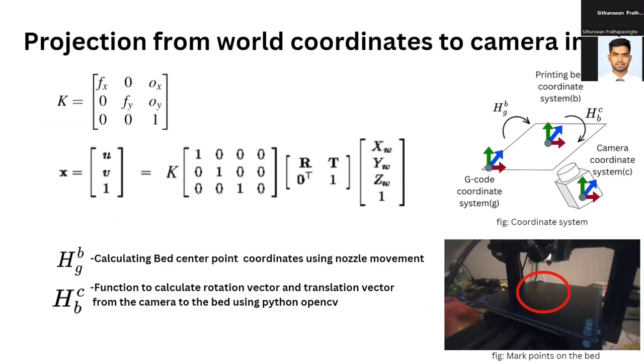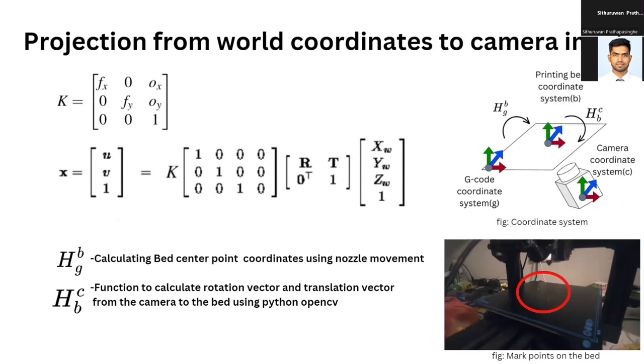So the point we can get as an image coordinate is like 150, 480. K is the intrinsic camera matrix, and XW, YW, ZW is the coordinate of the real world, the 3D world coordinates.